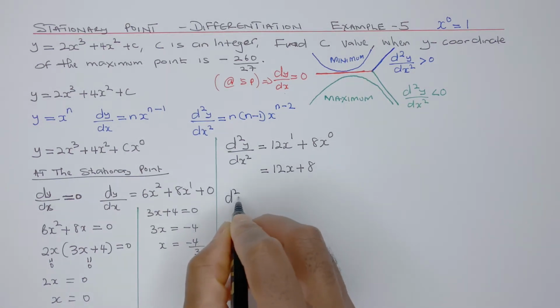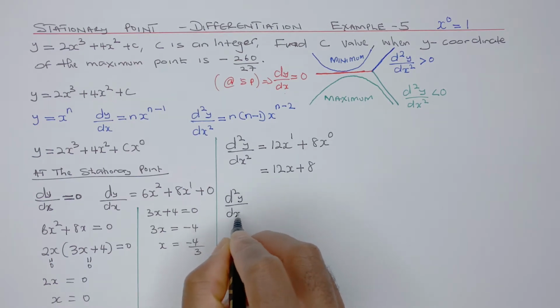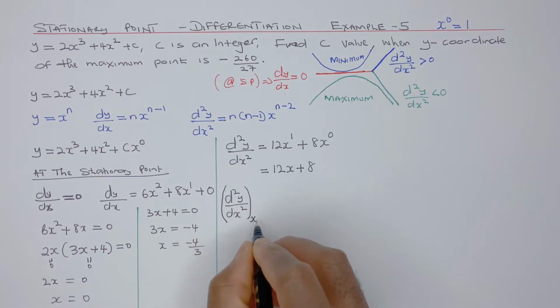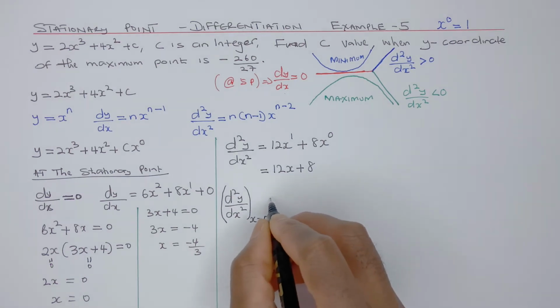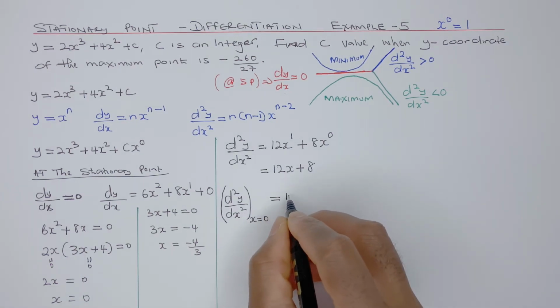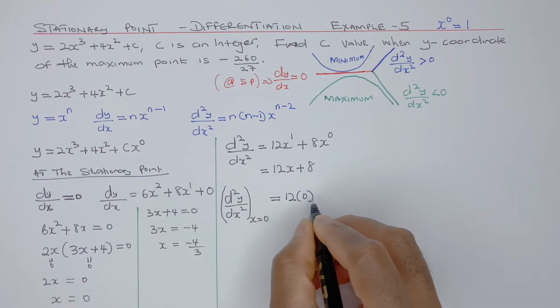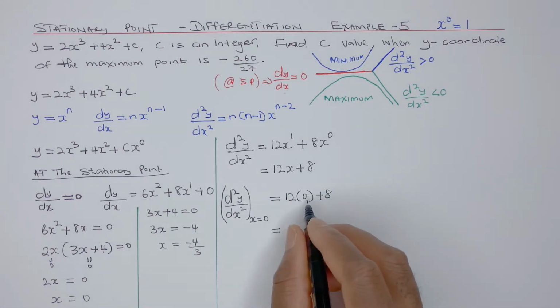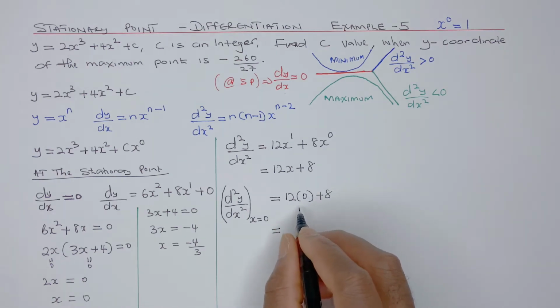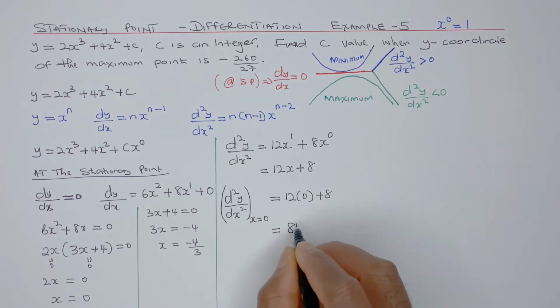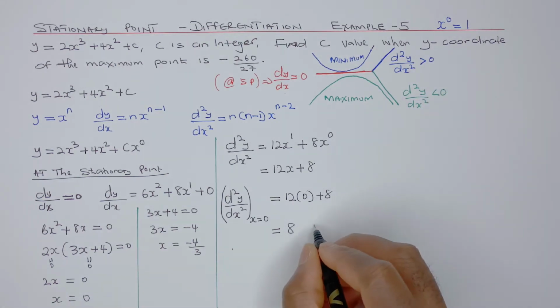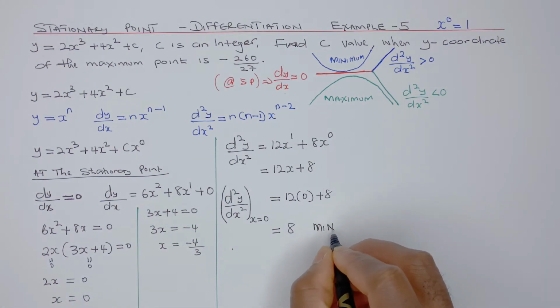So d2y/dx squared, when x equal to 0, will be equal to 12 times 0 plus 8. 12 times 0 is 0, plus 8, so that will be 8. It's positive, it's greater than 0, that's minimum.